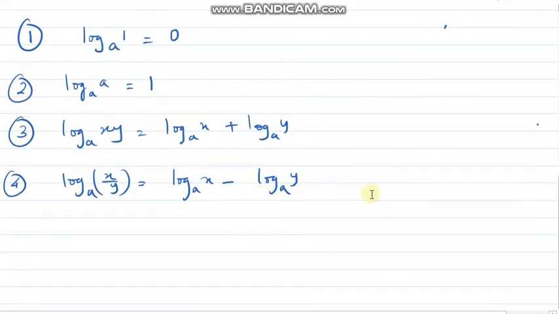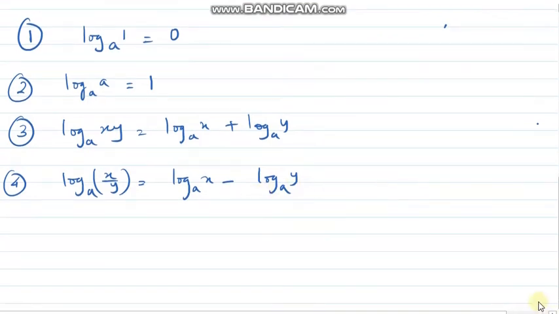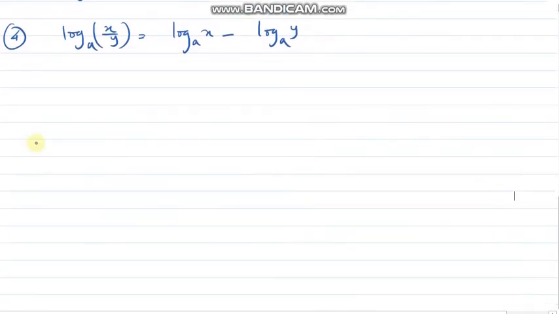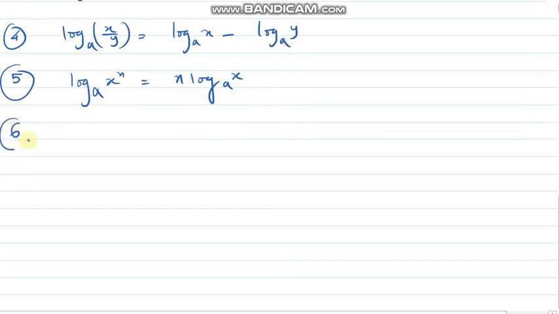For all these cases we use the modulus value because we don't know the sign of the variables, so it is better to use the modulus. The fifth formula: log of x to the power n to the base a. The n will go outside, becoming n times log x to the base a. The sixth formula, now I am going a bit tougher: log x to the power m to the base a to the power n.